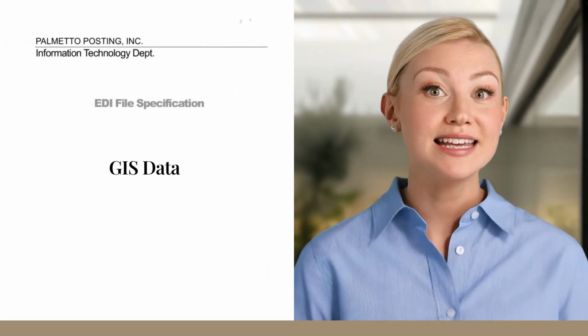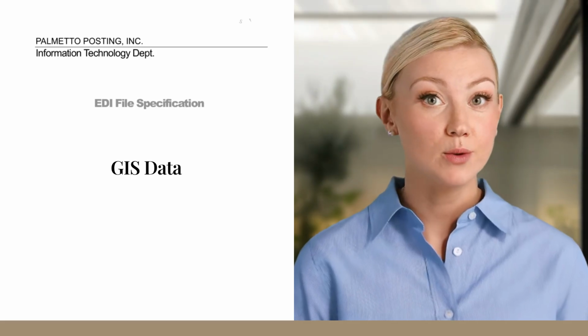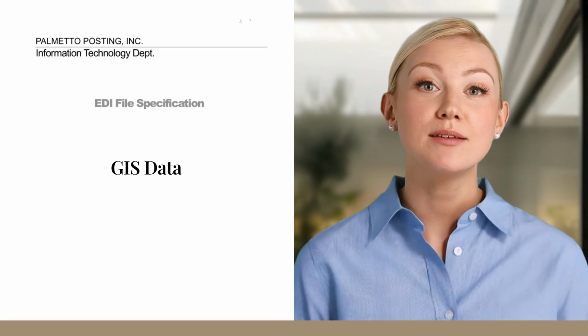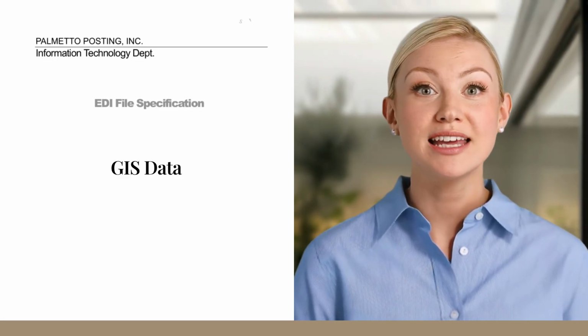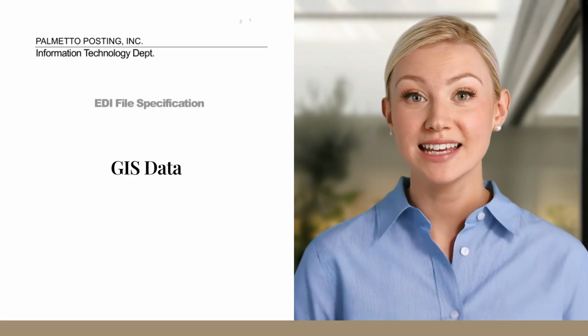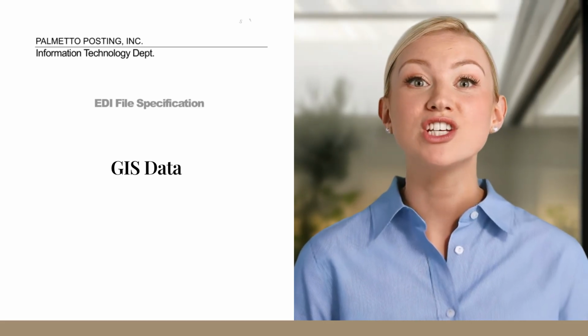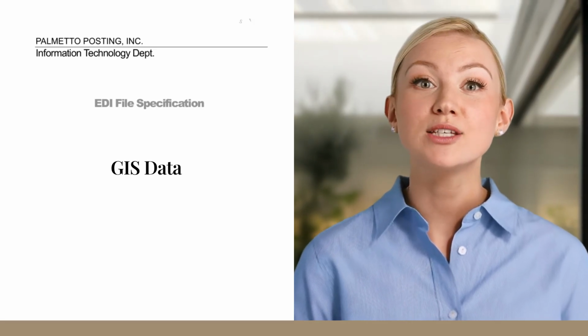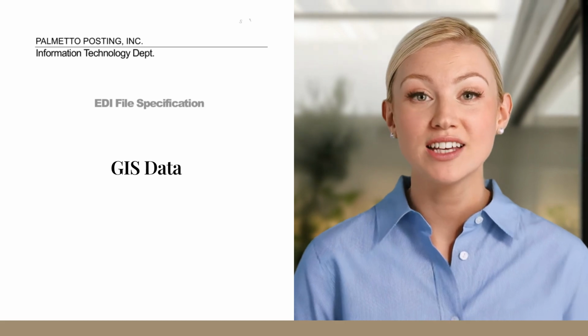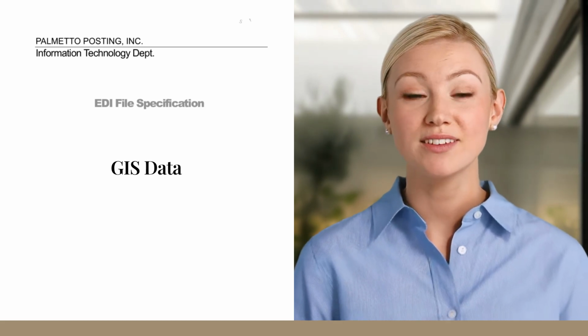Next, let's discuss the GIS data that is covered in the EDI on pages 19 through 22. For each parcel submitted in the delinquent tax file, we are going to need a corresponding parcel that is housed in your countywide GIS data file. Make sure that your GIS director or contractor has access to the EDI promptly so that they can provide this information to us within the required timeframe.